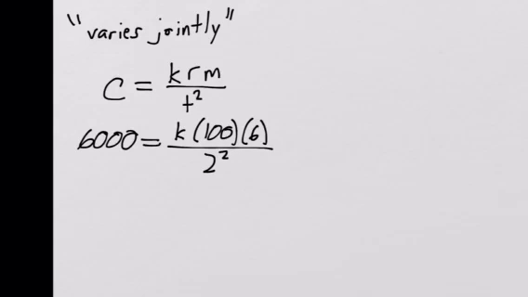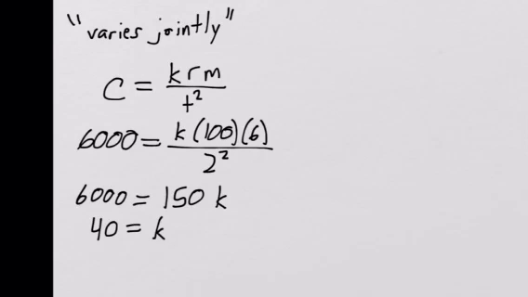So I can go ahead and simplify the right-hand side here, and I get 6,000 is equal to 150 times K, and then I can divide both sides by 150. I get 40 is equal to K.